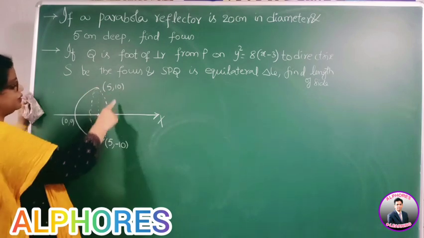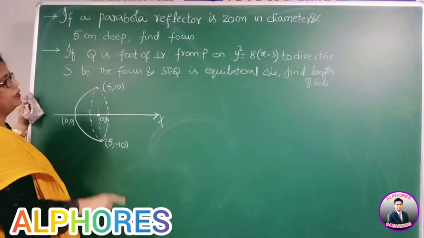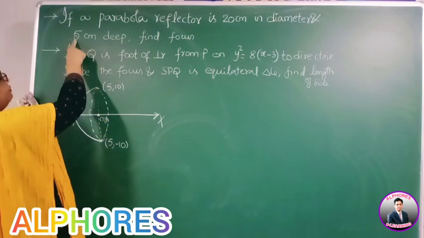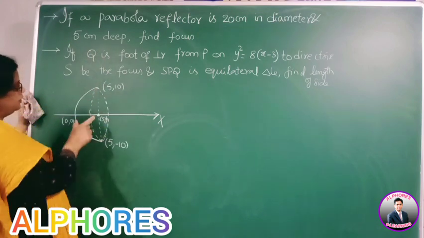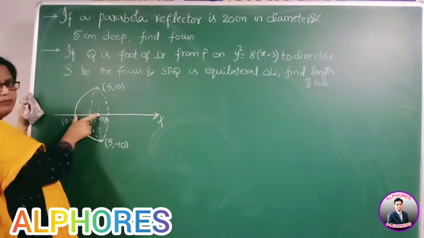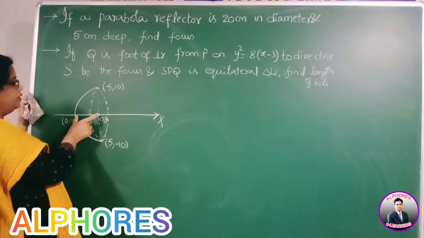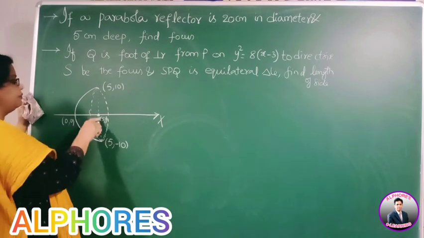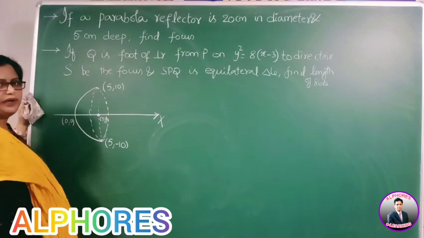So take this as 10 and this one as minus 10. And the other one we have taken is 5 centimeters deep. That means this is our (5, 0) and this is (0, 0).